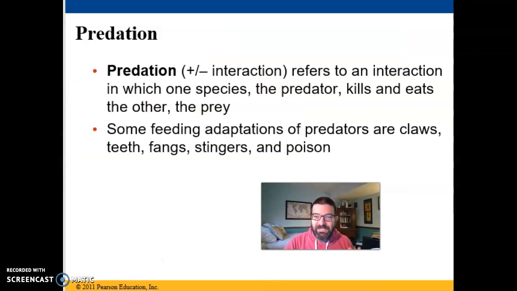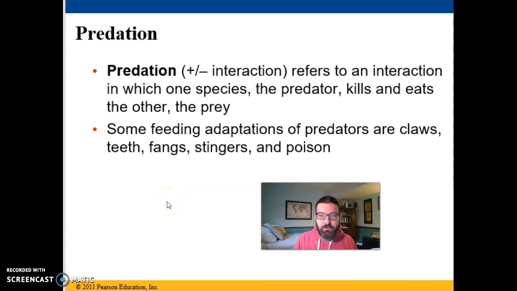While competition is a negative interaction, right? Both species in that interspecific interaction are harmed. Predation is a plus-minus interaction because the predator benefits from this interaction. They get food, but the prey species obviously dies, and so that would qualify as a negative interaction.